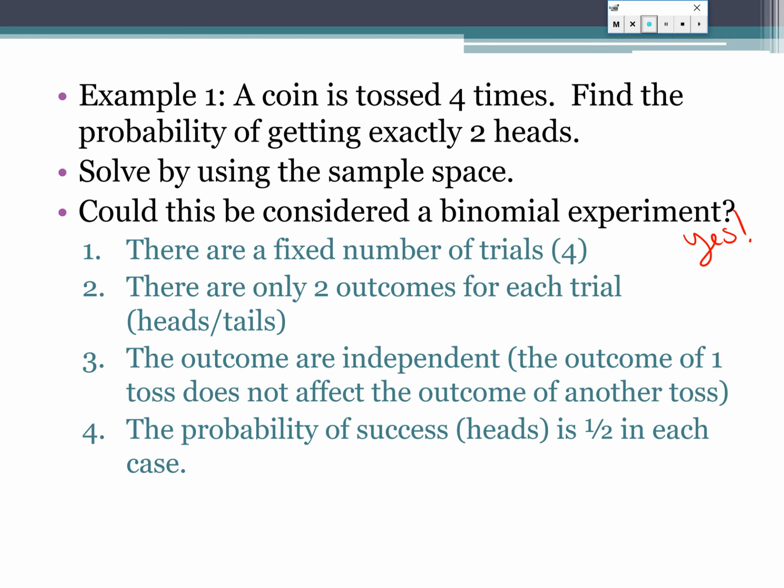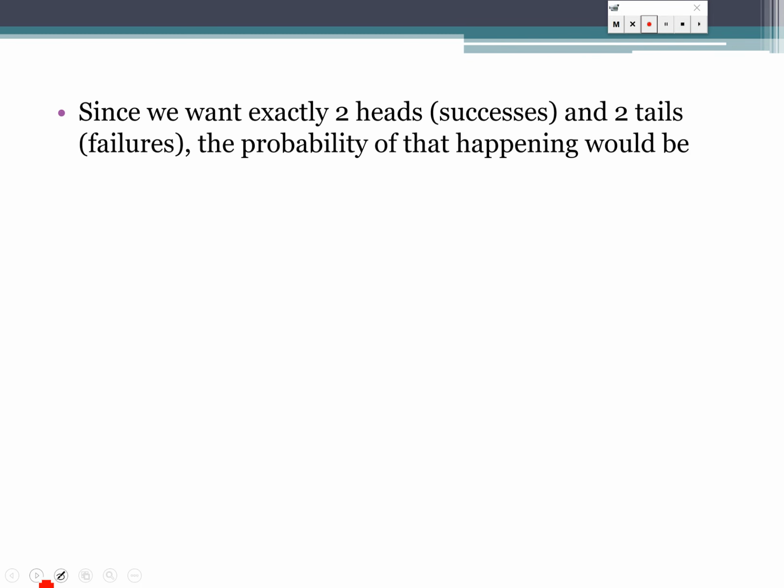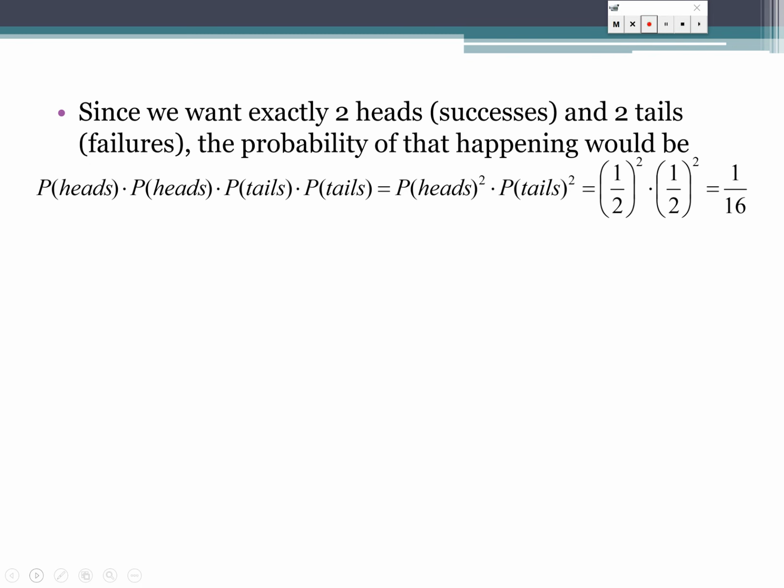So now that we've considered the conditions and we found this is a binomial experiment, let's find the probability. Now we want to look specifically at finding our probability. So we want exactly 2 heads, and in this case heads is considered our success. That's what we're looking to have happen.